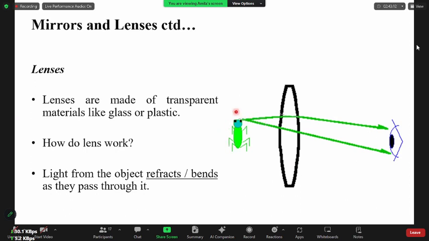How does it work? Light from the object refracts, which means bends, as it passes through the lens, and you receive it in your eyes and see the object on a large scale. Right? Light from here will go like this, so what you receive here is enlarged compared to this.